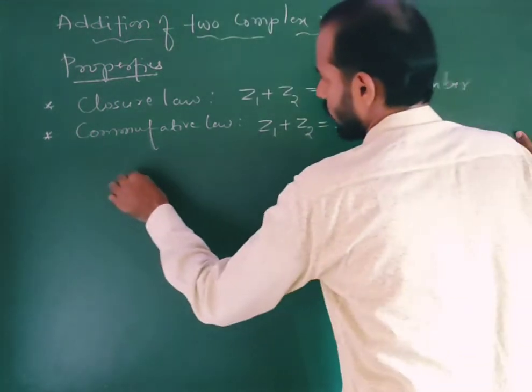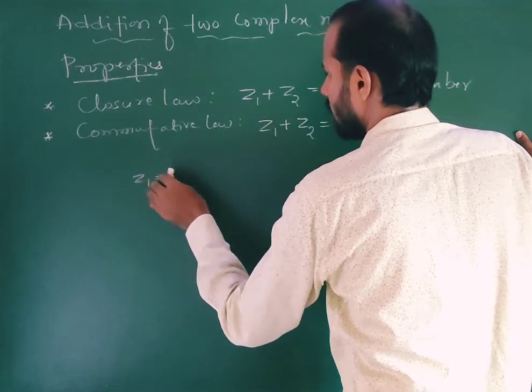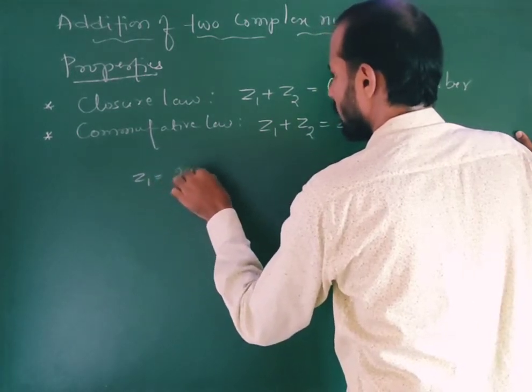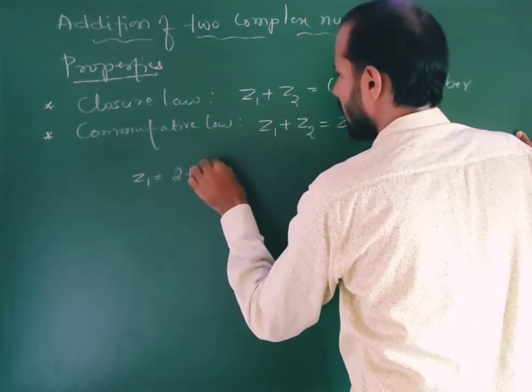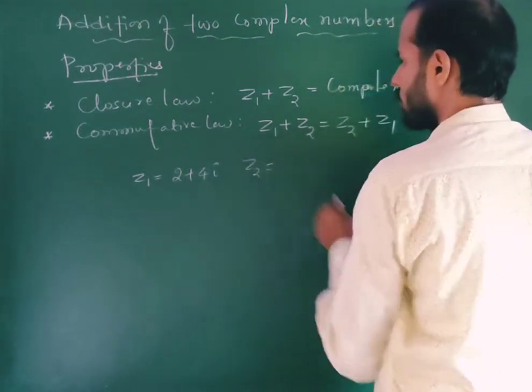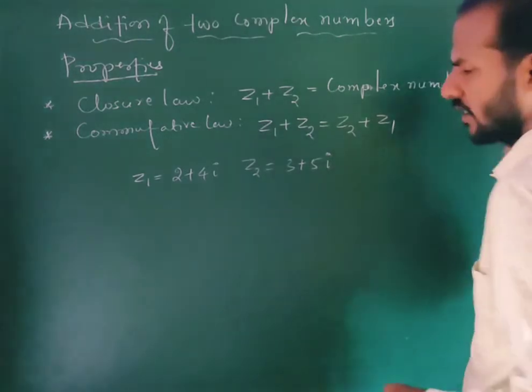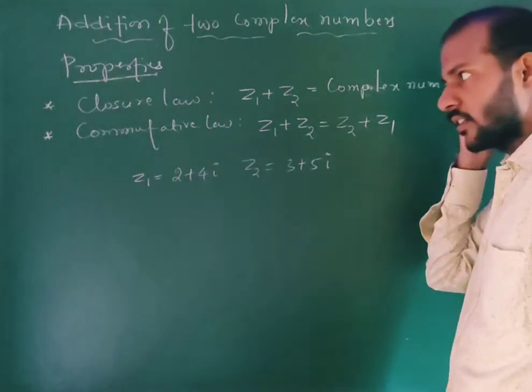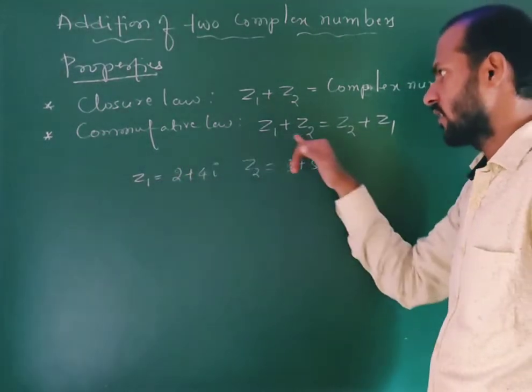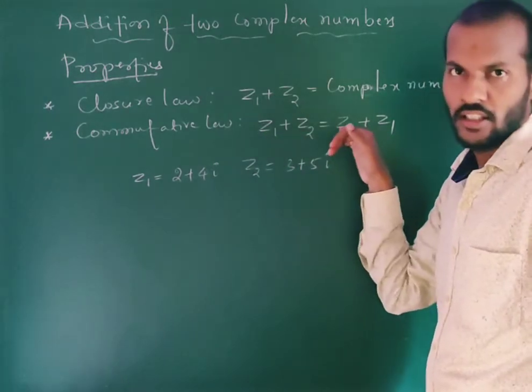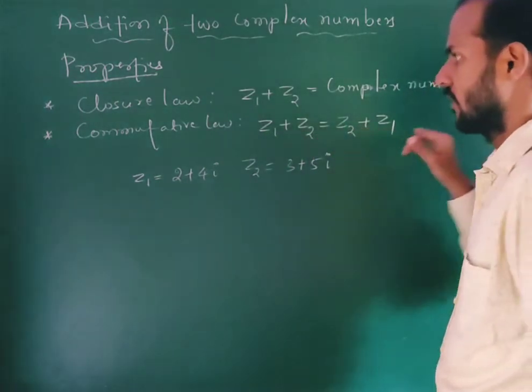That we have Z1 equals 2 plus 4i and Z2 equals 3 plus 5i, right? We have two complex numbers. Let's check whether the commutative law is satisfied or not. LHS equals RHS, we have to get the same.